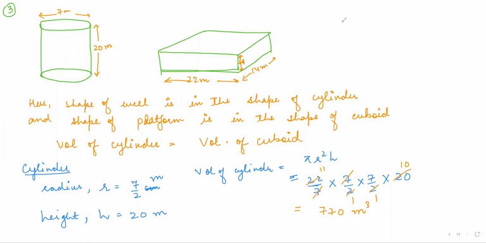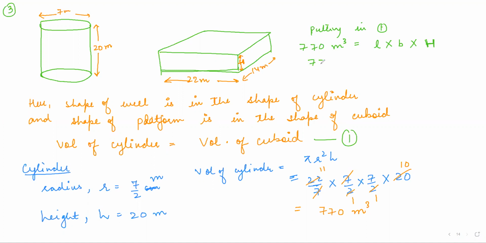So now we can equate them. Okay, so 770 meter cube is equal to the volume of the cuboid, which is length into breadth into height. Now don't write small h, okay? Because this height is different from the height of the cylinder.